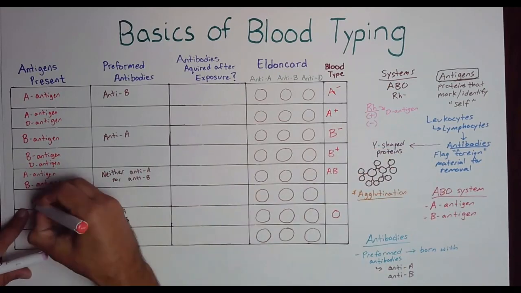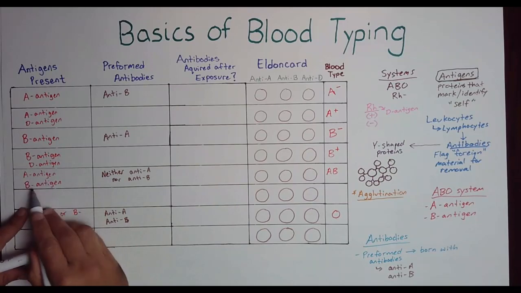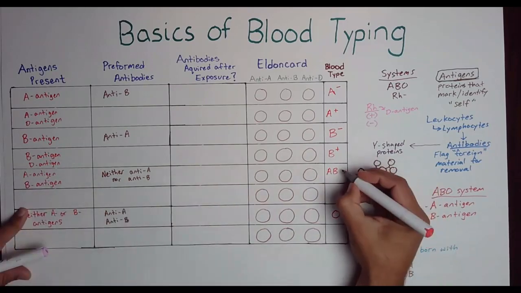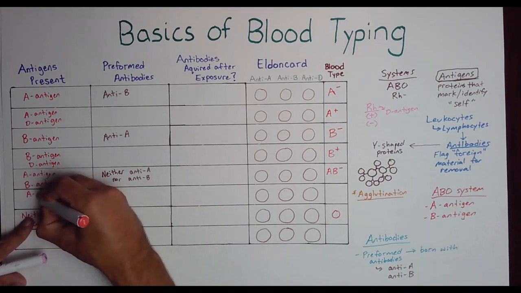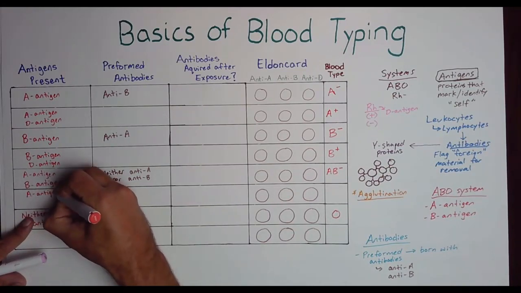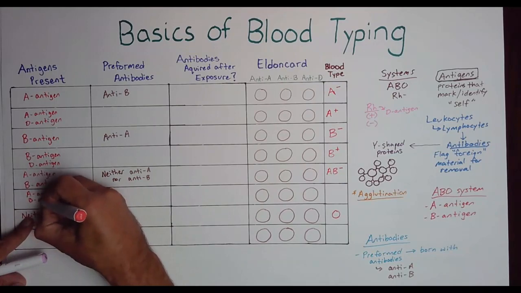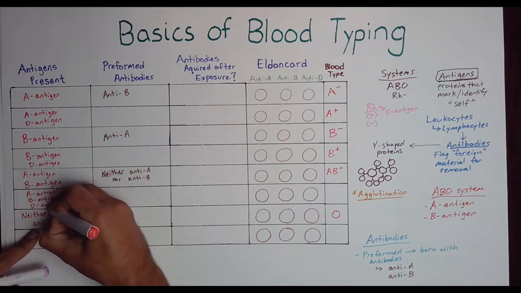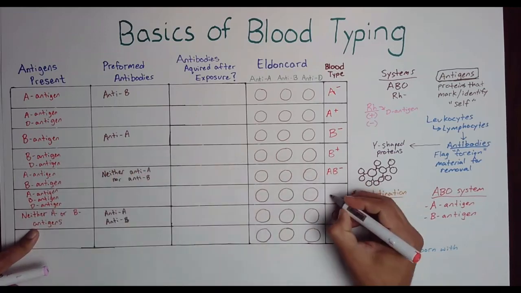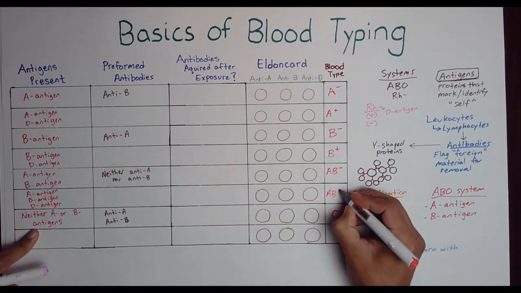This one here, this is an A antigen and a B antigen, but no D antigen, so this is an AB minus. And this patient, let's say they have an A antigen, a B antigen, and a D antigen. Therefore, they are an AB plus.